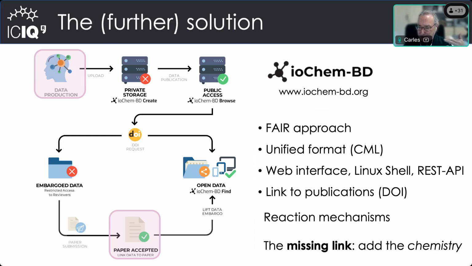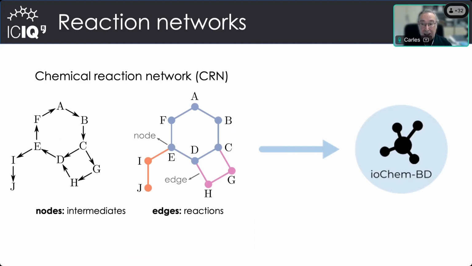So actually the reaction mechanism is additional information, additional knowledge that we generate on top of the individual computational calculations. So the missing link in our solution was actually to add the chemistry, which is on top of our numerical studies. So we decided to start introducing reaction networks into IoChem.